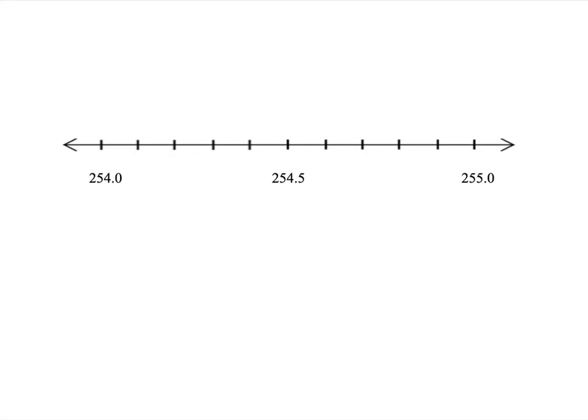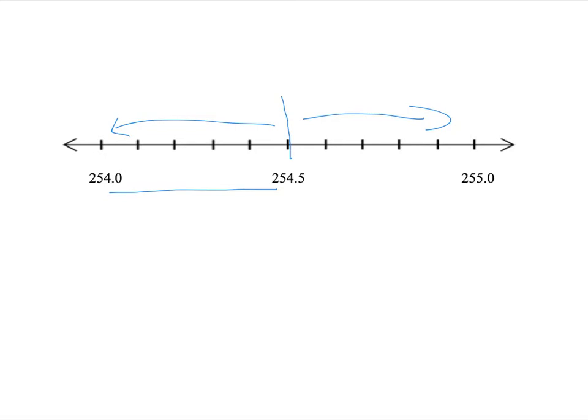So if we take a look at this on a number line, anything between 254.0 and 254.5, anything in this area will get rounded down to 254. Anything that is greater than 254.5 will get rounded up to 255.